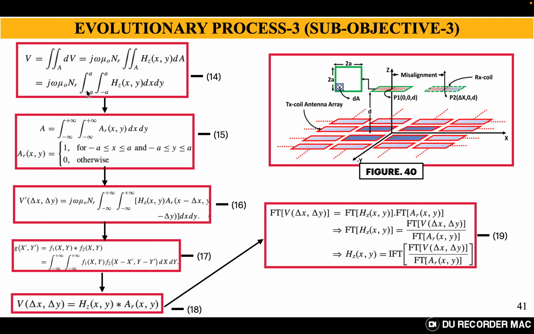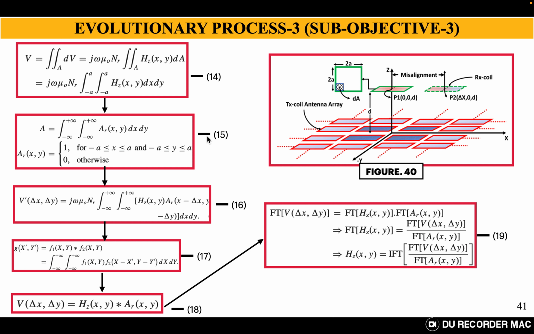So the limits for the area vector would be minus a to a in both directions, Hz of x comma y, dx and dy. And j omega mu naught Nr: omega is the angular frequency 2 pi f, mu naught is the permeability of free space, because the receiver and transmitter coils are located in free space, and Nr is the total number of turns concentrated in the receiver coil.